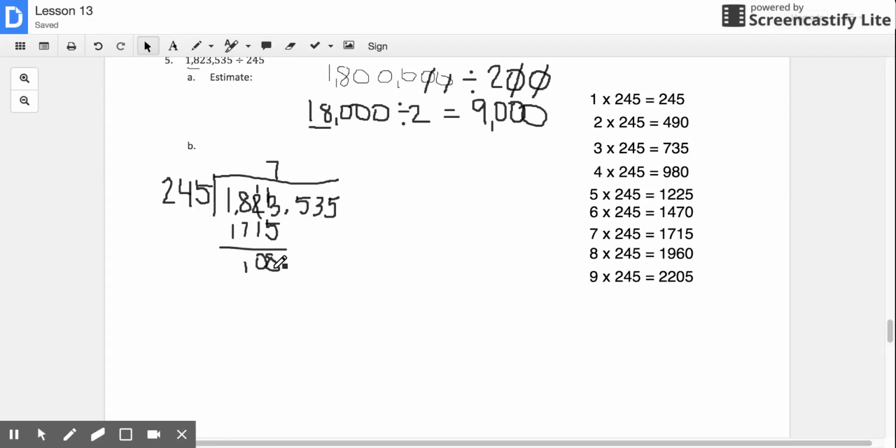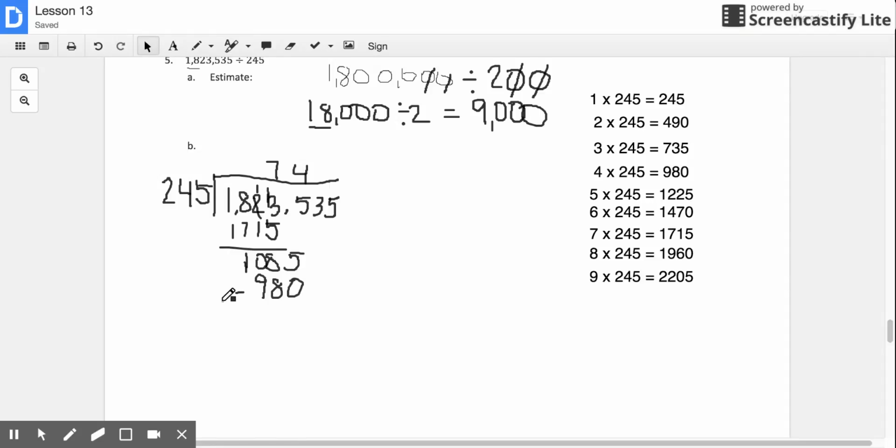Okay, 108 is not enough to work with, so we're going to bring down our 5. And we have 1,085. Let's see, that will work with this one, 980. So we're going to put a 4 up on top of our 5. 4 times 245 is 980. So start with the hundreds place, 980.